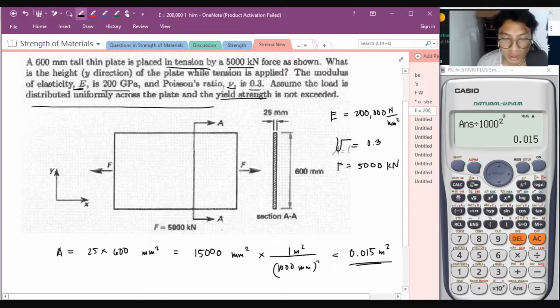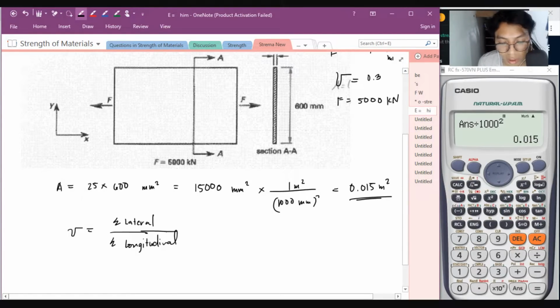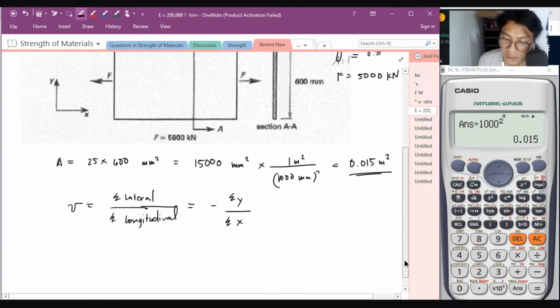Anong hinahanap natin dyan? Di ba ang Poisson ratio, ano bang binigay ko? The Poisson ratio is yung lateral strain divide by longitudinal. Ayan. So, this is equal to negative epsilon lateral, patayo, divide by epsilon X. Ayan, that is equal there.